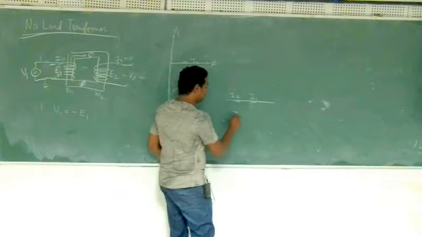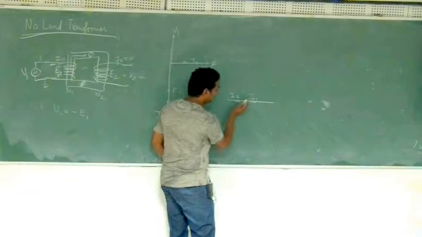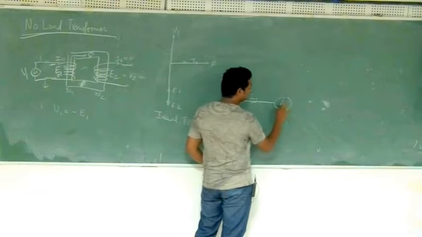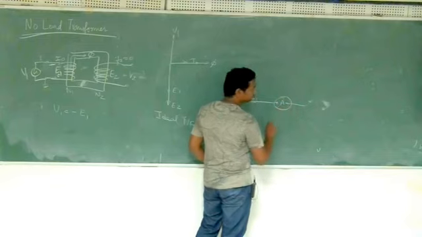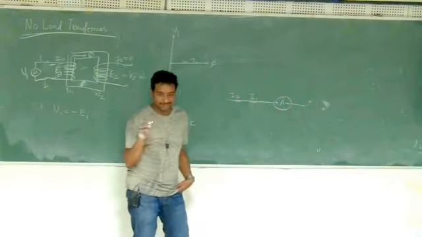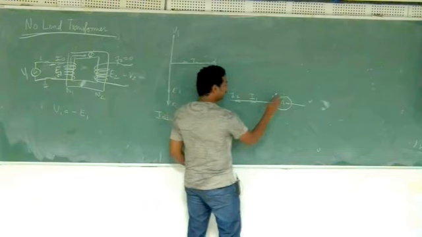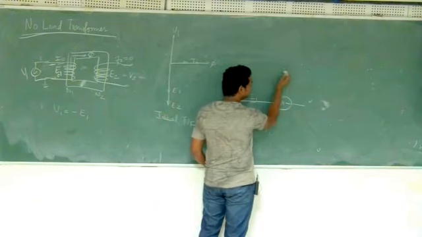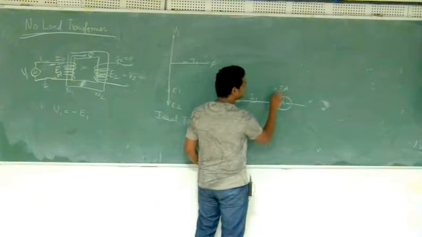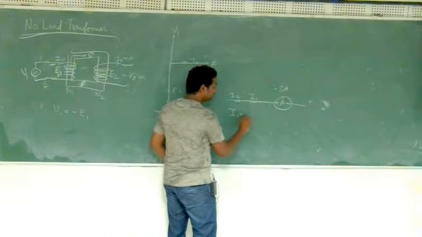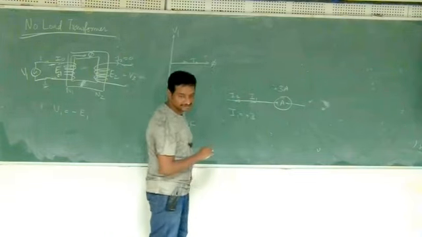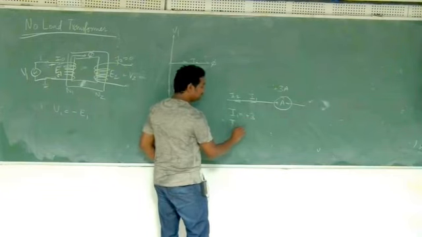If I put an ammeter, and the ammeter also has a plus and minus, and the current it reads is plus 3 amperes, that means I1 equals plus 3, and I2 equals minus 3.